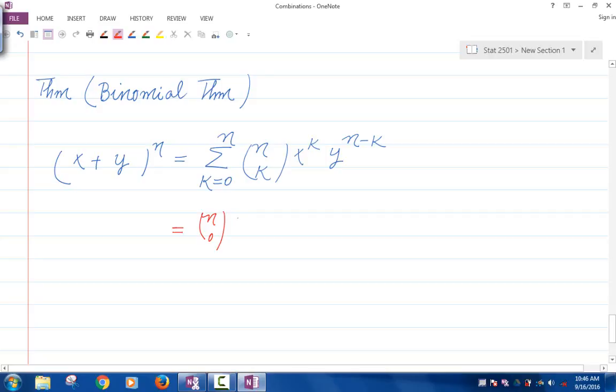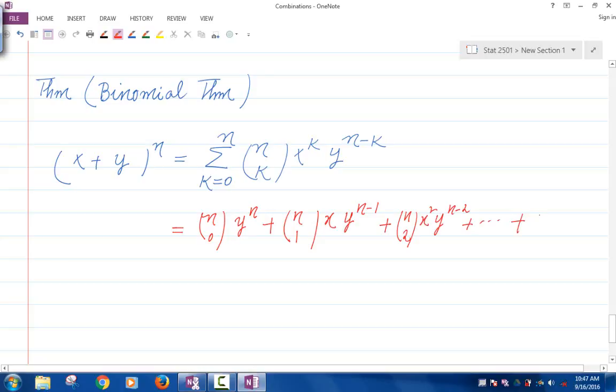So the first term is n choose 0, which is 1, times x to the 0, which is the same as 1, and I get y to the n, plus n choose 1, x to the 1, y to the n minus 1, plus n choose 2, x to the 2, y to the n minus 2, plus dot dot dot.